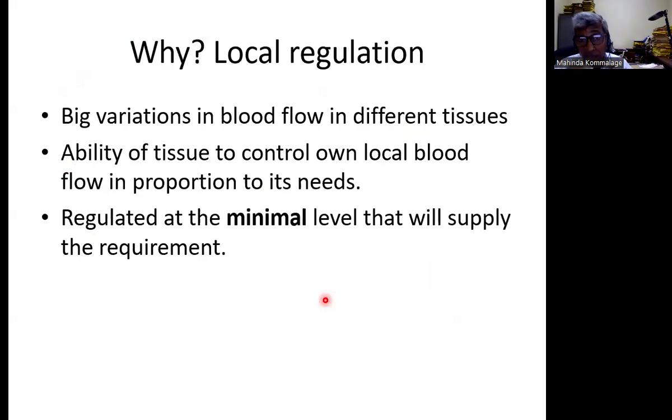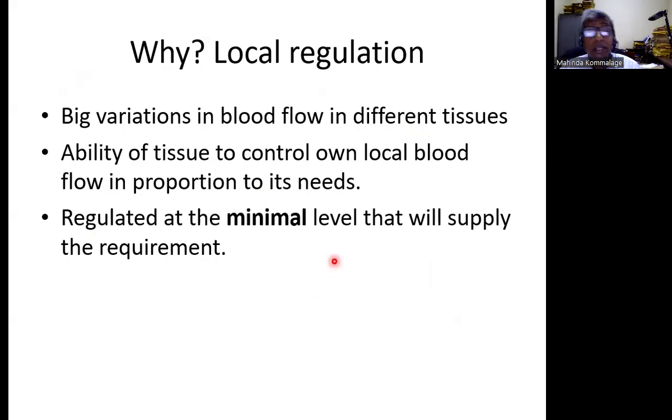Local government like the Pradeshiya Sabha in your area will control garbage collection in the local area and small local road development and those things. So that is local regulation. They will do it locally themselves. Maybe some of your neighbors are selected as a Pradeshiya Sabha member and you can influence them. So basically it's local regulation, right?